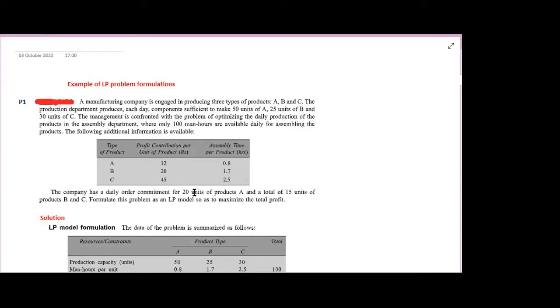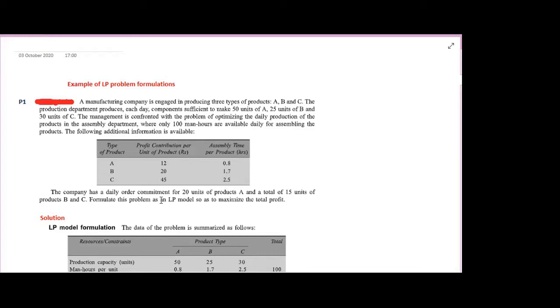You have to produce 20 units of A and 50 units in combination with B and C, right? Formulate this problem as an LP model so as to maximize the total profit.